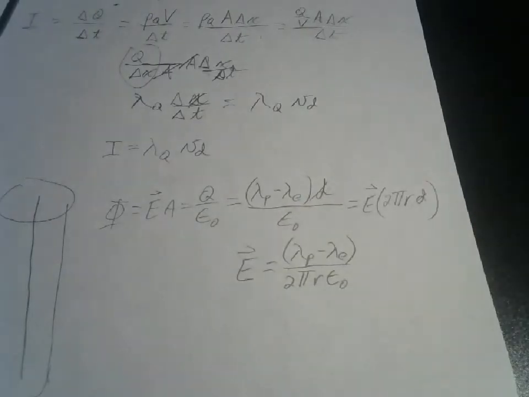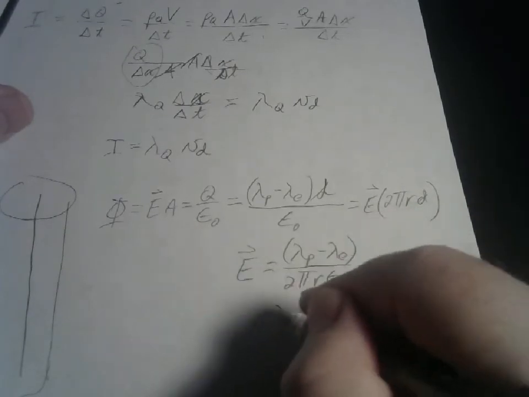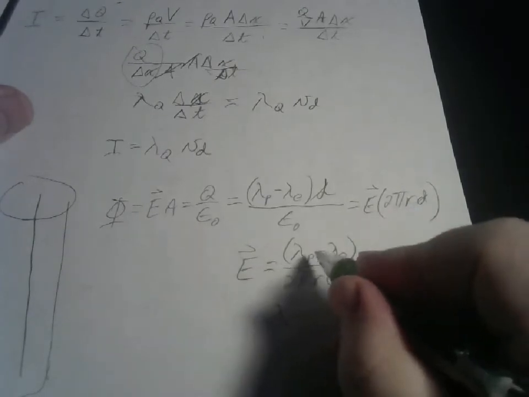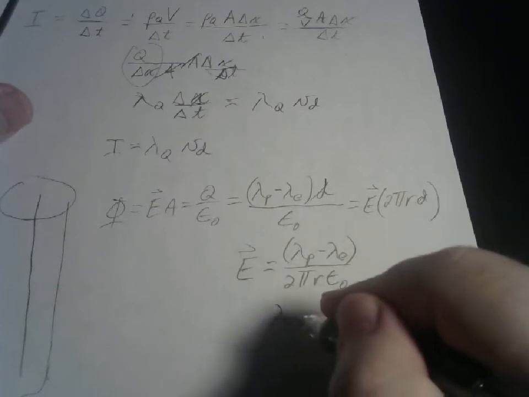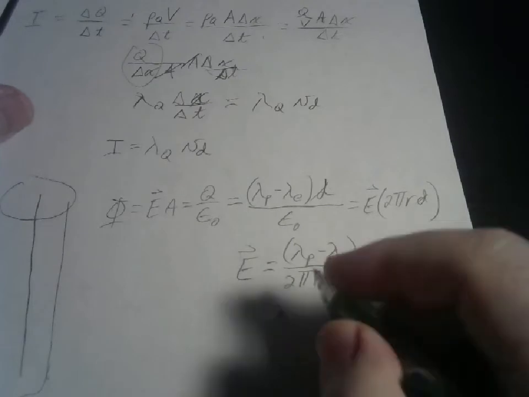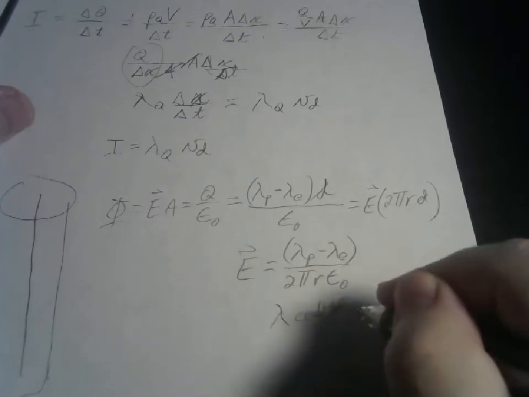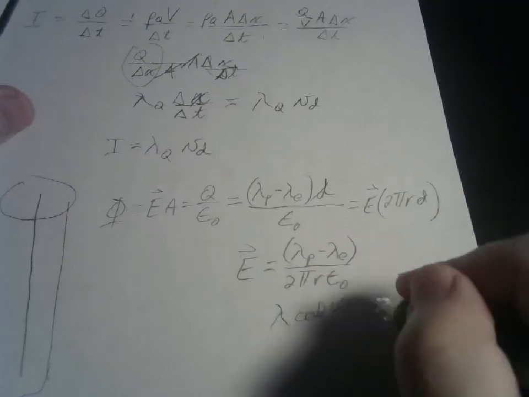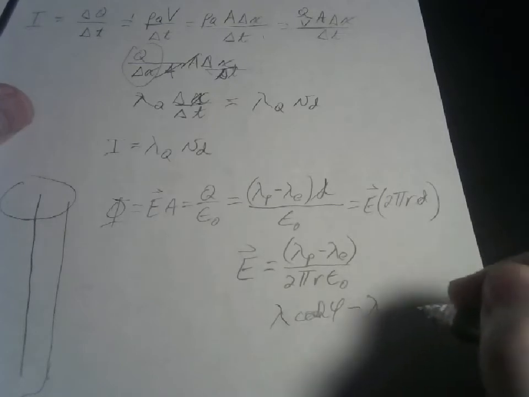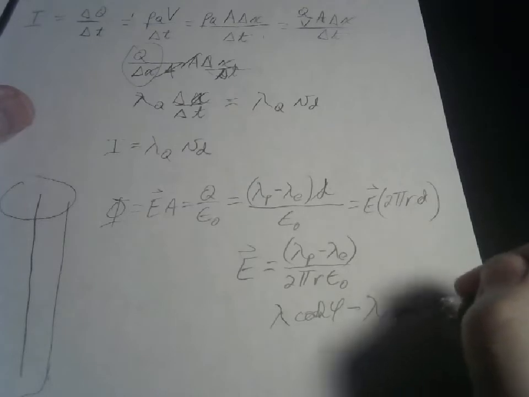Okay. Now, lambda p is the original charge carrier density times cosh phi, and lambda e is going to go down, so it is the original charge density divided by cosh phi.